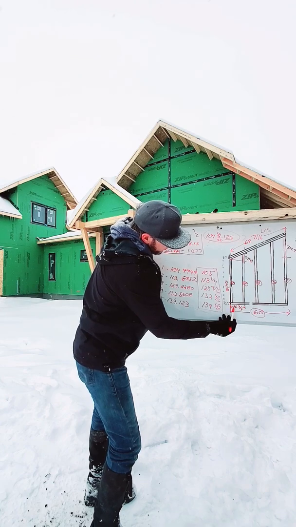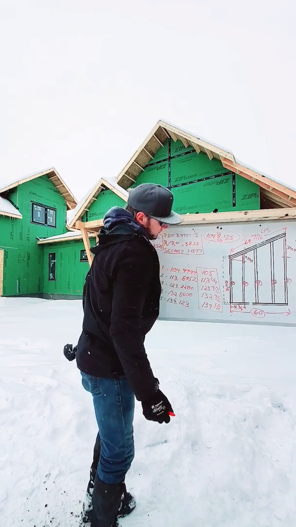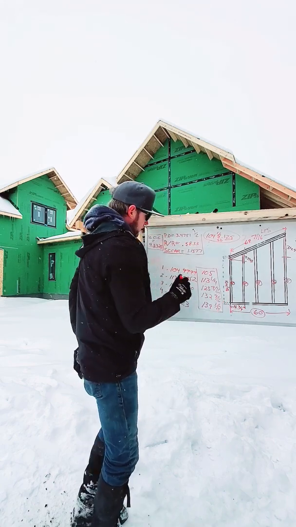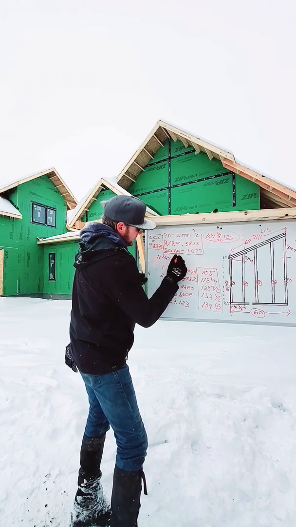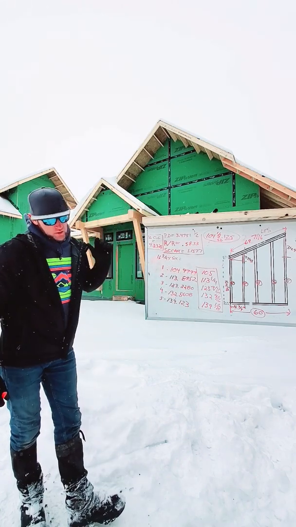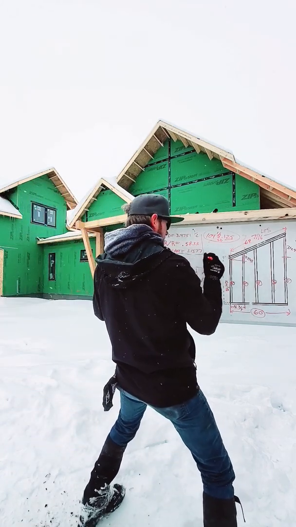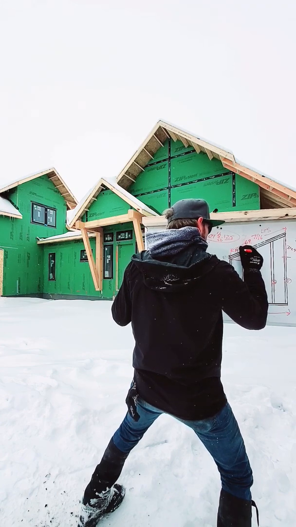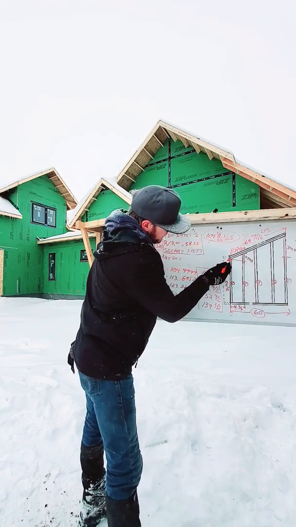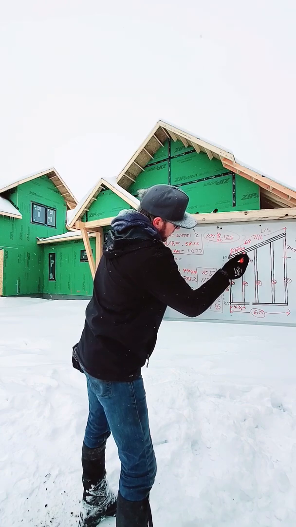Short point of 1 to long point of 2. That's my effective run. 16 3/4 times the secant equals 19 3/8. That's from the short point to the long point.